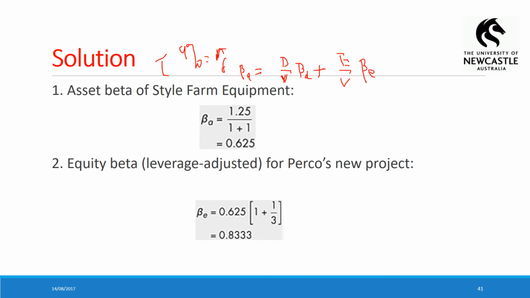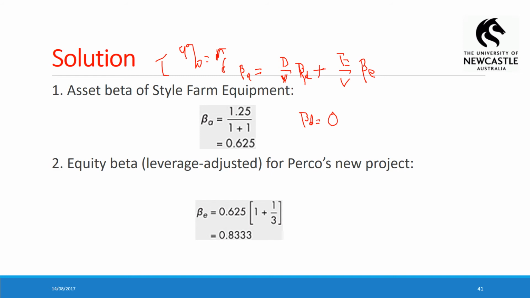Because we assume that the company borrows at the risk-free rate, that means that the company's debt doesn't vary with the market. So the debt here is risk-free. If the debt doesn't vary with the market, beta debt would be 0. So beta asset would therefore be given by this second component here.